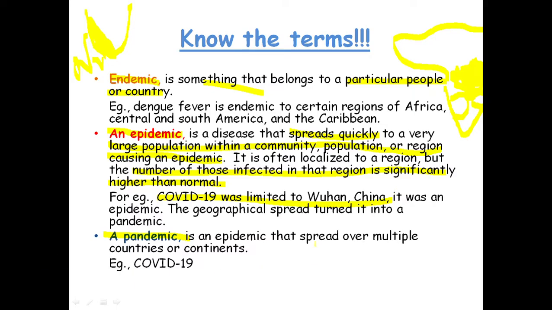So pandemic is an epidemic that spreads over multiple countries or continents. I hope you got this now. So it spread from Wuhan, China, all over the world. It is South Africa, India, USA, all over the world. So these are three terms: endemic, epidemic, and pandemic.